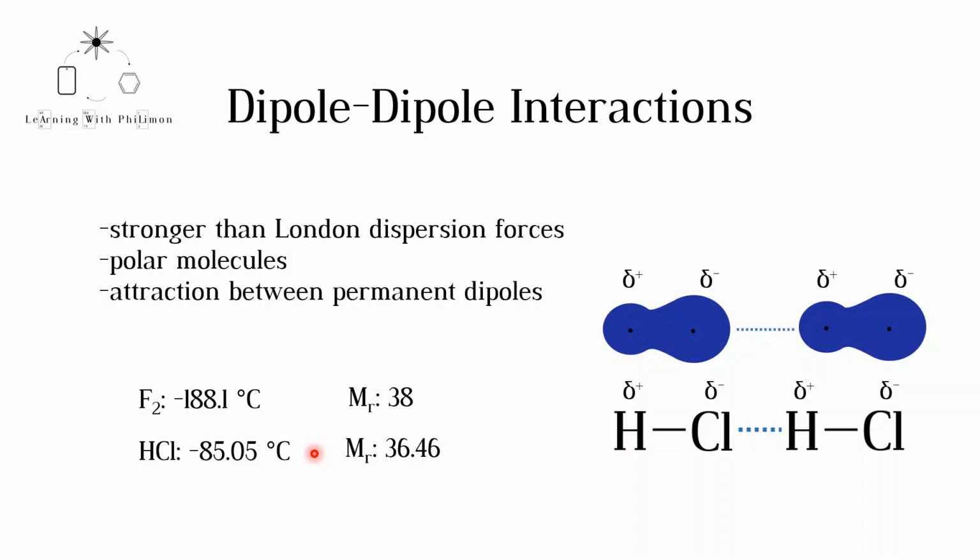The boiling point, negative 85.05 degrees Celsius, is much higher than that of fluorine. This means that more energy is required to overcome the dipole-dipole interactions between the HCl molecules than the London dispersion forces between the F2 molecules. Now let's look at another type of intermolecular force.